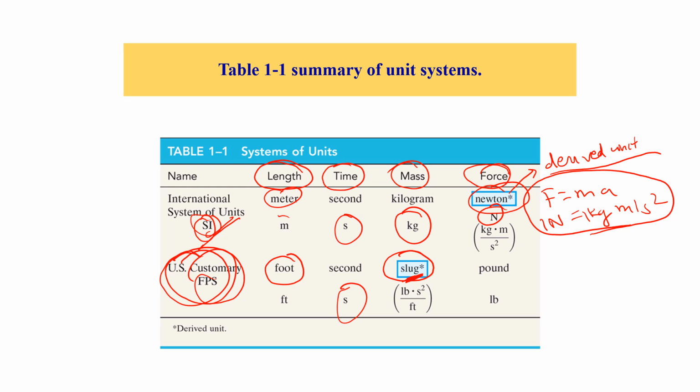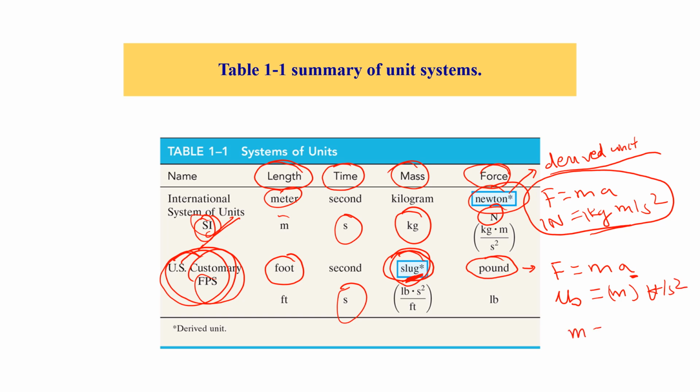Whereas in US customary unit, slug is a derived unit. Here, force is in pound. So again here, force is ma. So if this is in pound, and mass, we don't know what the unit is, and acceleration is feet per second square.